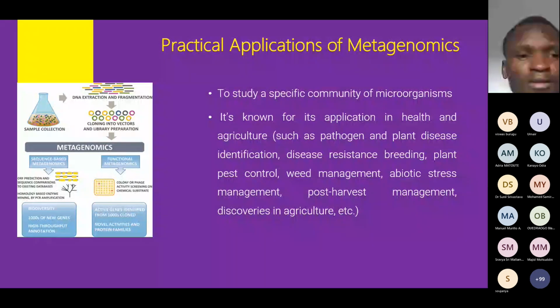So, as I was saying, whole genome sequence is targeted towards the entire whole genome of just an organism. But there's an aspect of metagenomics that is targeted towards the entire genetic makeup of the communities of microorganisms in a particular environment. So if your research is based on bacteria, you can actually do metagenomics to focus on the entire community of bacteria that is present in that particular environment.